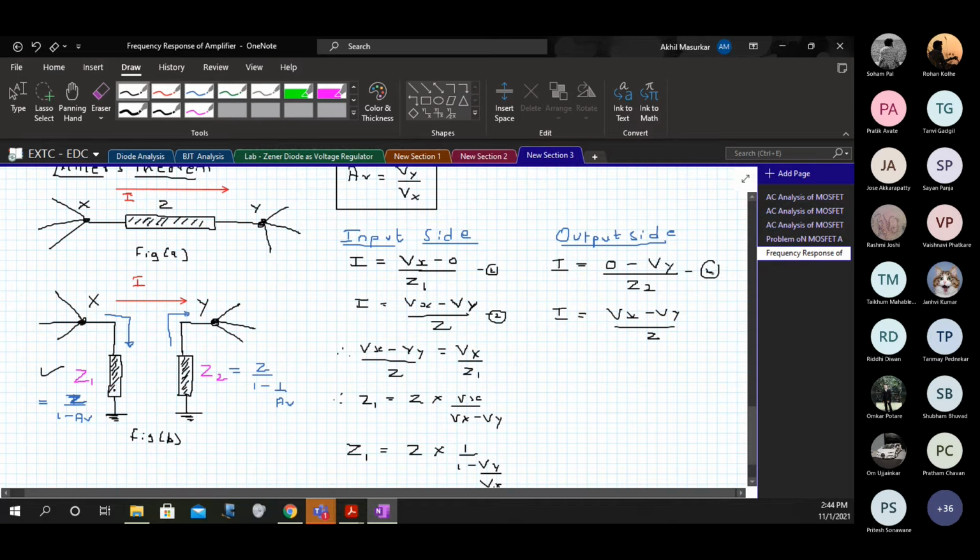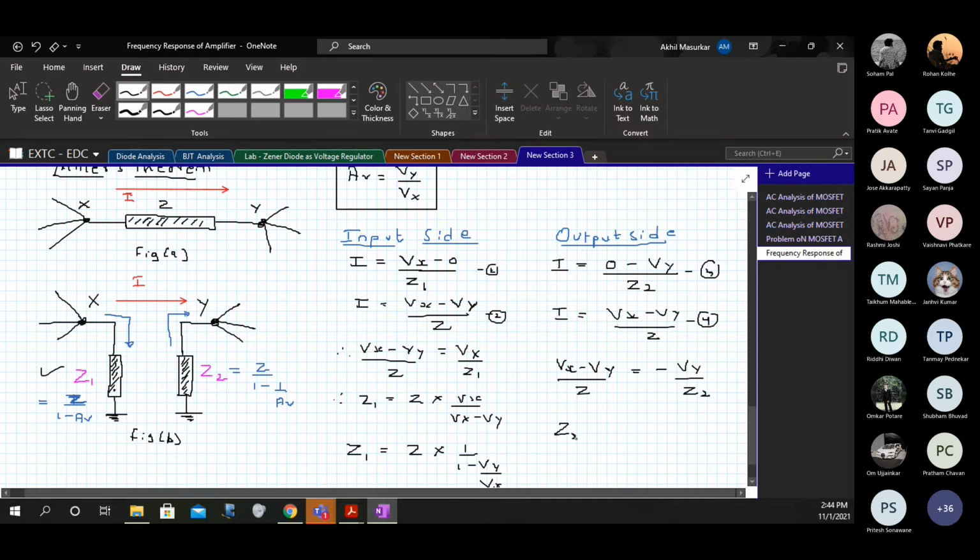Let's say when we equate 3 and 4, we will get Vx minus Vy upon Z is equal to minus Vy upon Z2.